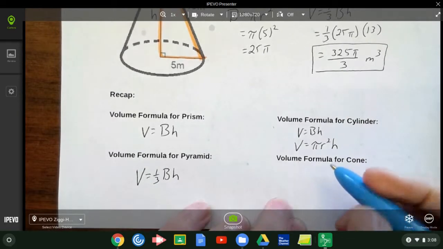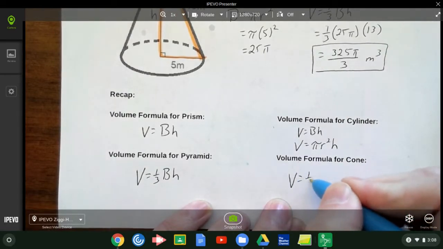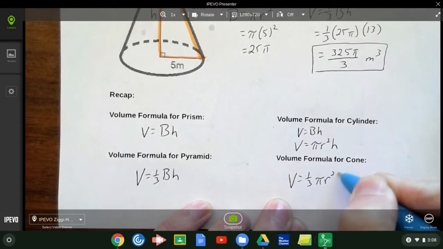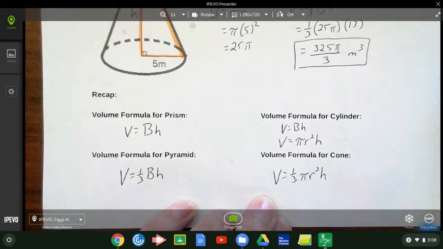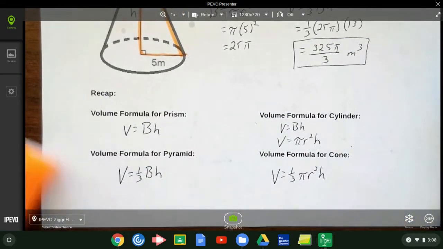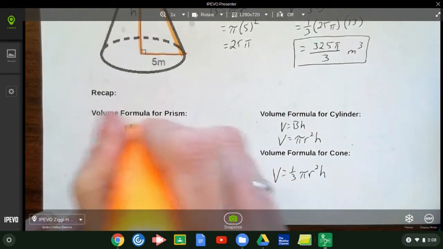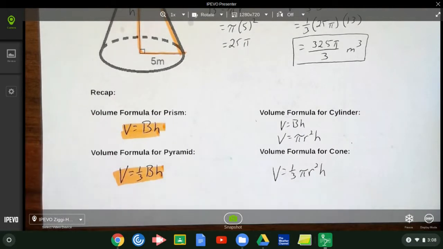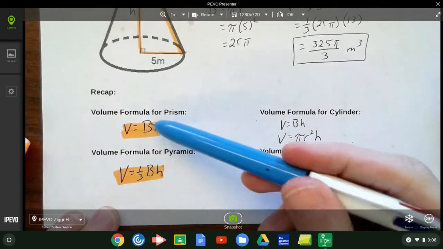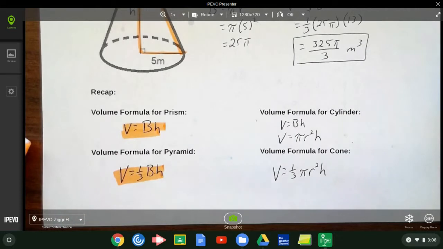Which means some people actually write volume of a cone to be 1/3 pi r squared h. Again, these are your two main formulas that you need to know. They're going to work for everything. The key is what shape is the base. Okay? So that's all we've got.